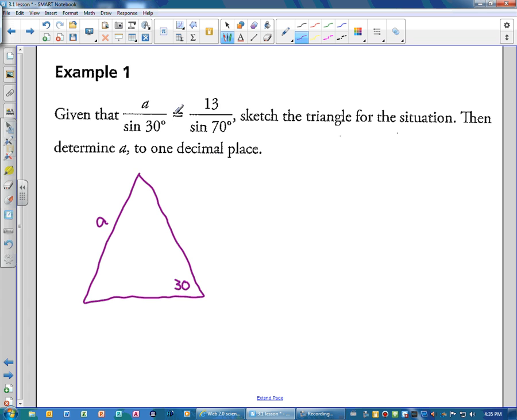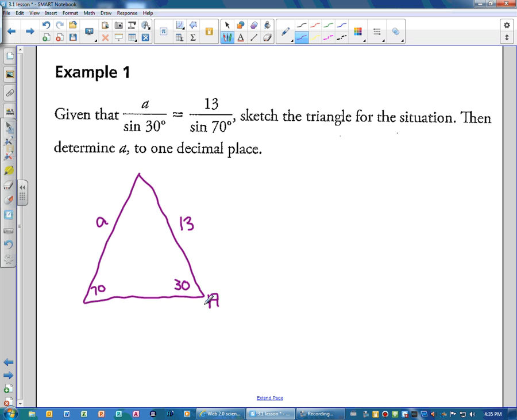And then it says equals 13 over the sine of 70. So let's call this side 13. The top one is always the side length. And if that's 13, this has to be 70. And this would have to be angle A because small side a would be across from big angle A. I don't have any other letters, so I can't really label anything else.